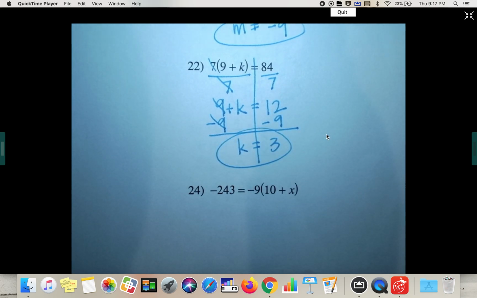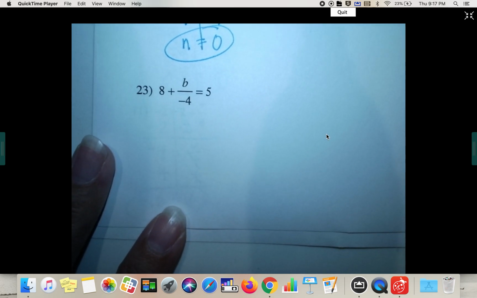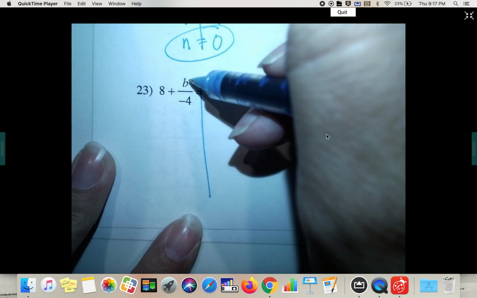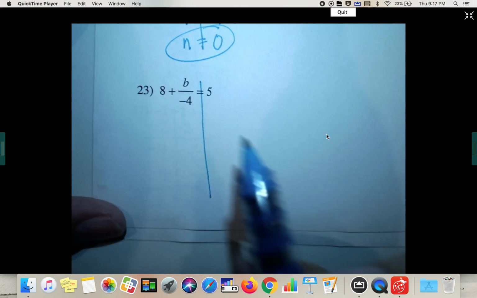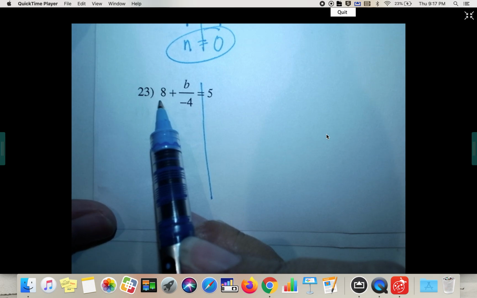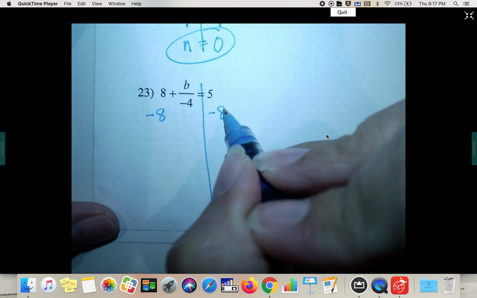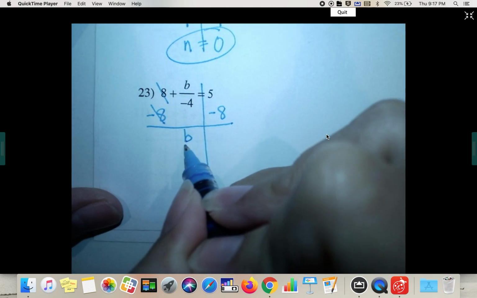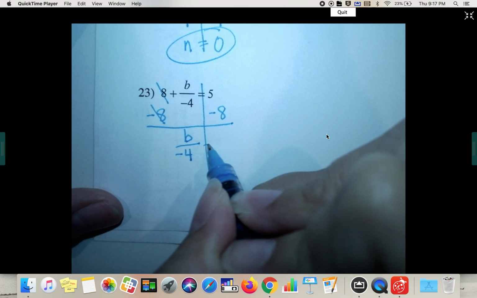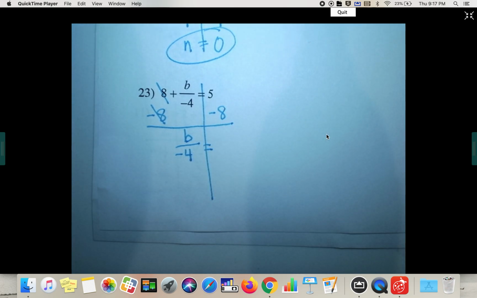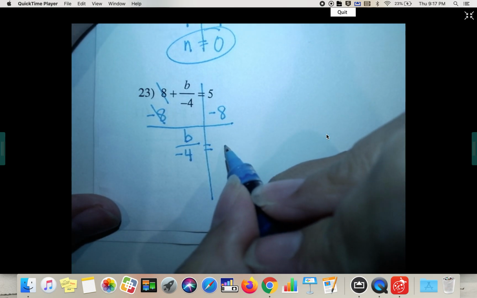All right, last two. Let's leave our b divided by negative 4 together, and let's first get rid of this positive 8. To get it to cancel, you would subtract 8 from both sides. Cancel, cancel. B divided by negative 4 equals 5 minus 8, which is negative 3.